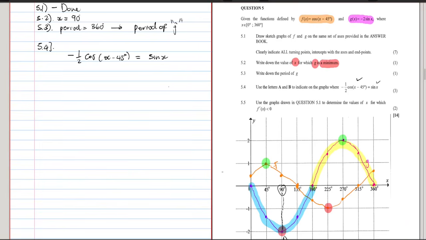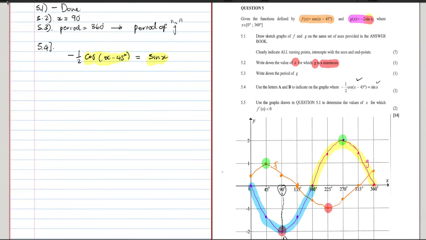So I know where the sine is coming from. It's coming from that g function. The cos (x minus 45) is coming from that orange function.